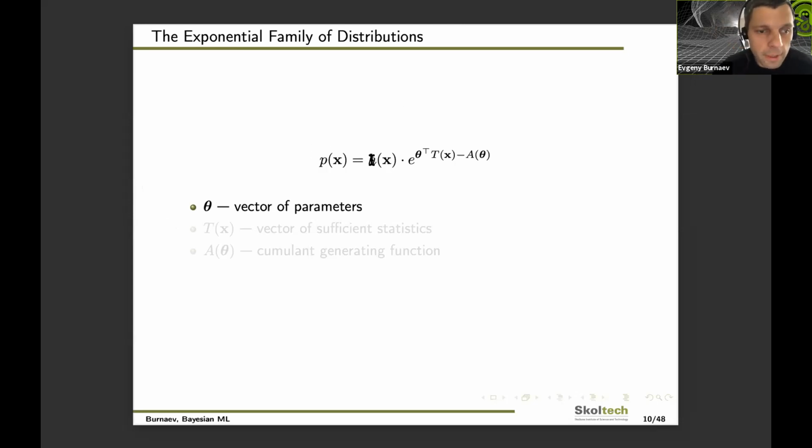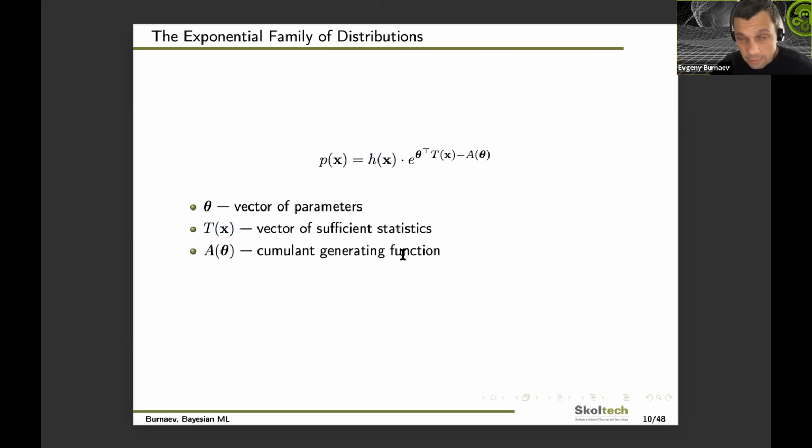And actually, if we consider different specific expressions for the functions h of x, t of x, and a of theta, we will get different expressions of particular distributions like the Gaussian distribution, Poisson distribution, and other distributions. Here, t of x is called a vector of sufficient statistics, and a of theta is called the cumulant generating function.